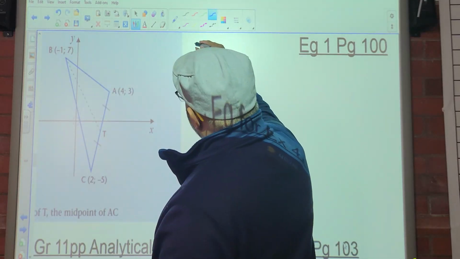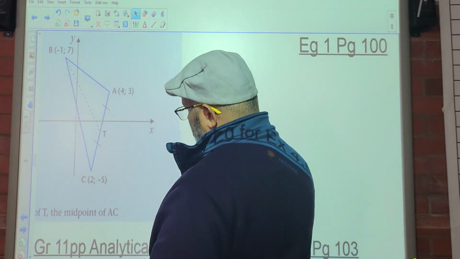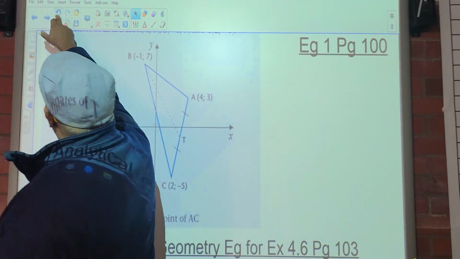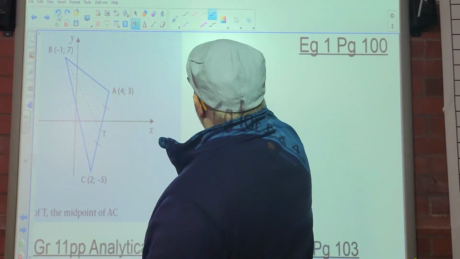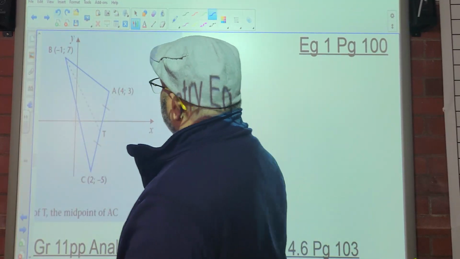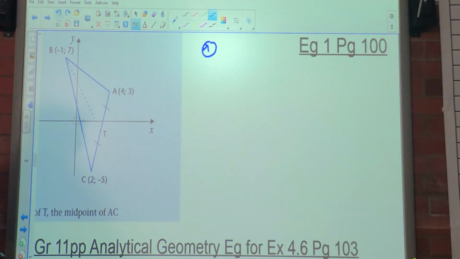This is A, so they want you to work out the midpoint. What is the midpoint formula? x1 plus x2 over 2, y1 plus y2 over 2.